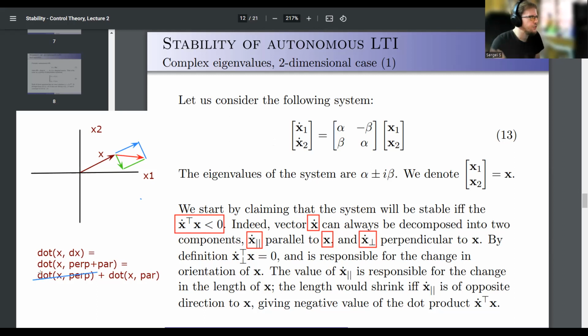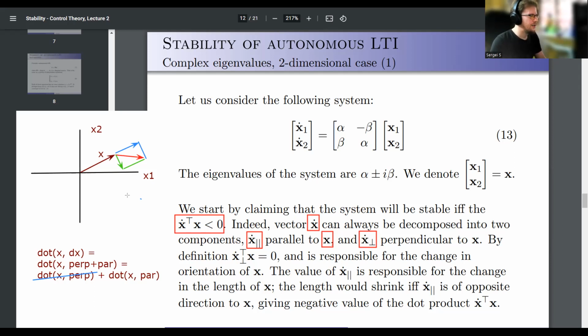Because by definition of being perpendicular, perpendicular vectors are vectors whose dot product is 0. But if you like cosines, you can think of the dot product as the norm of the first times the norm of the second times the cosine between them, and the cosine of 90 degrees is 0.